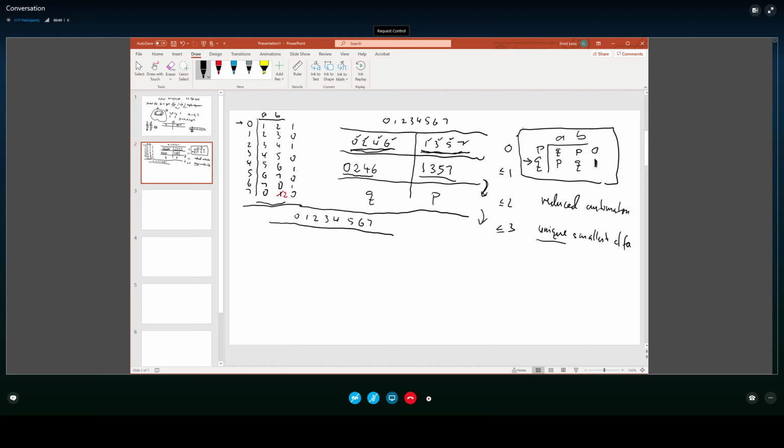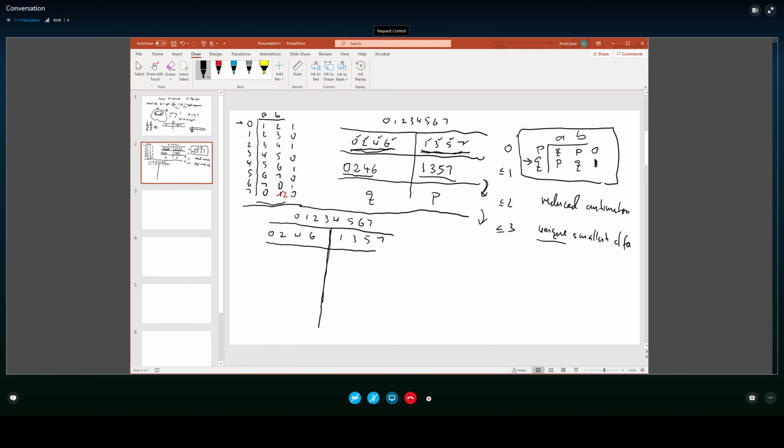And then, as before, I have all the accepting states, 0, 2, 4, 6, and all the rejecting states, 1, 3, 5, 7. And I draw this line here all the way to the bottom to indicate that once they're split, I know they can be differentiated.